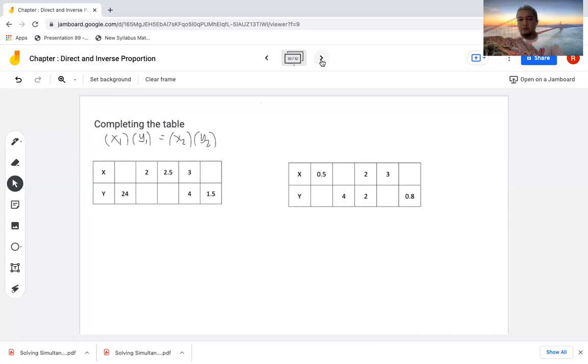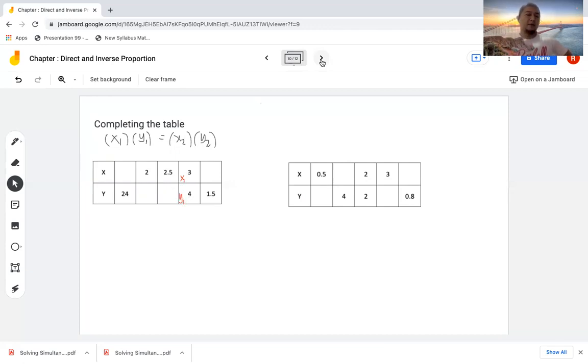All right? So from here, all you need to do is to label the two given values in the table with x and y as your x sub 1, y sub 1. In this case, the ones that have the values of x and y are 3 and 4, so we are going to label them as x sub 1 and y sub 1.